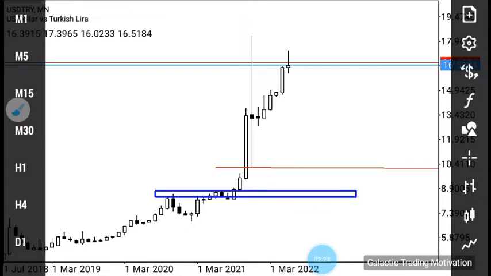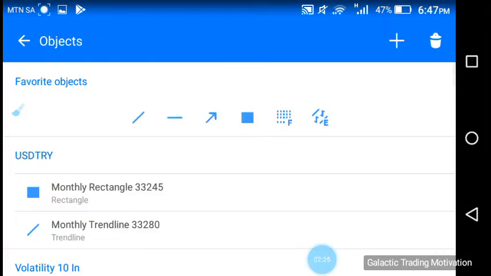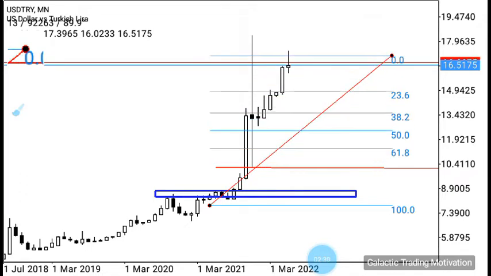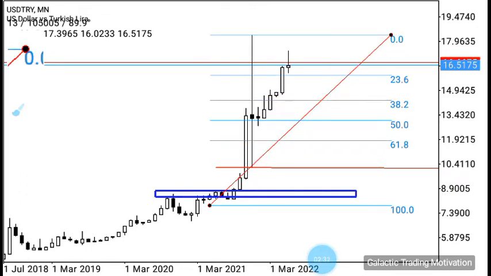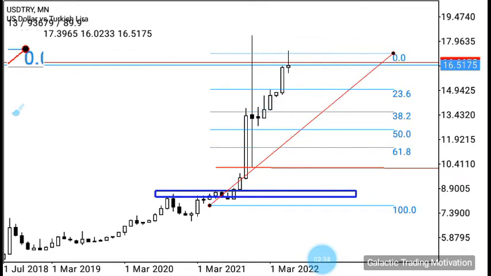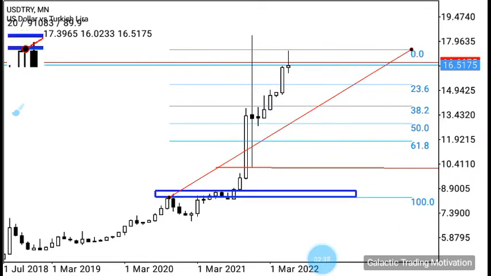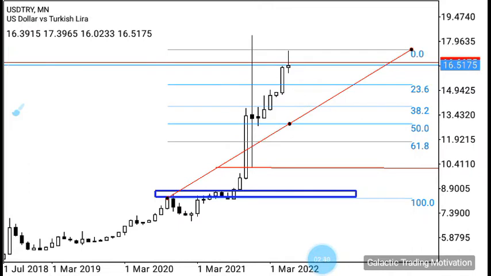Just bear with me, guys. So there goes our fib, and we can see that none of the key numbers actually align with the neckline.